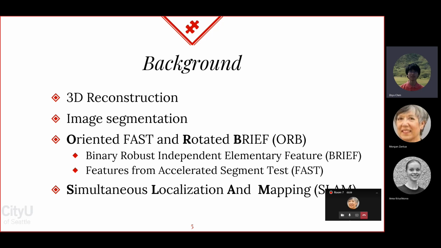For background, I will introduce some concepts. The first is 3D reconstruction. It is the process of capturing the shape and appearance of the real-world object. People capture the information by using a 3D scanner, such as a camera, radar, or LiDAR.